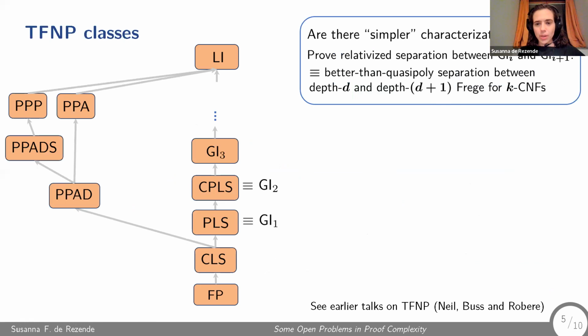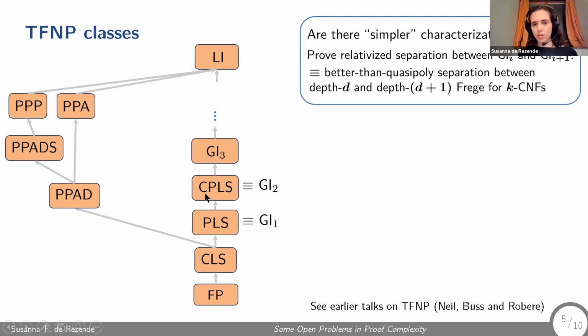Then we had 3 talks about TFNP. In Neil's or Sam's talk, we had this question: here I wrote a sequence of the different TFNP classes, and we have the GI classes, the game induction principles, I think they're called. We know that GI1 is equivalent to PLS, and GI2 is equivalent to CPLS.